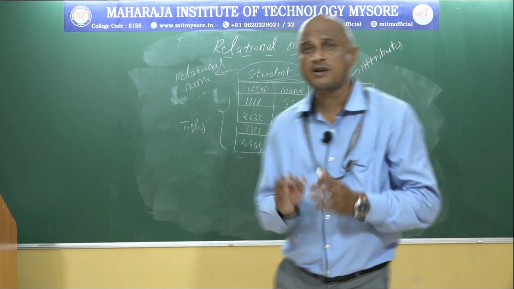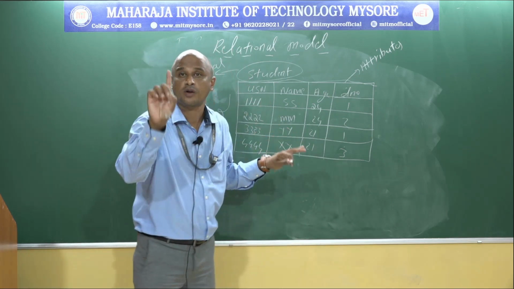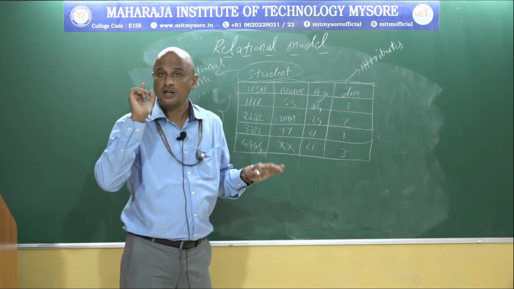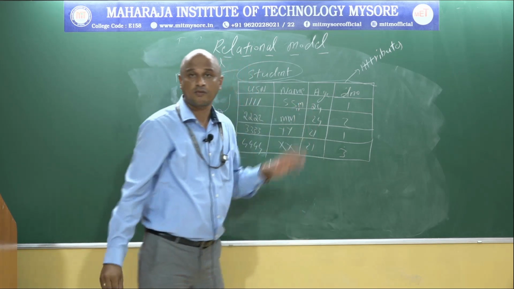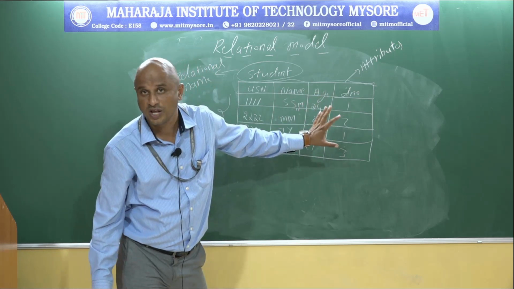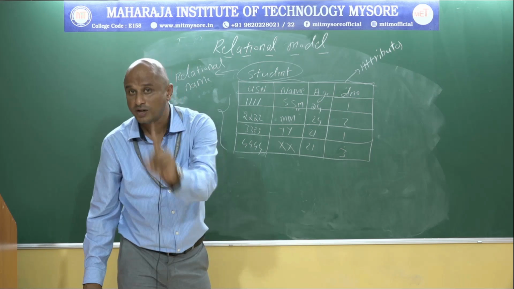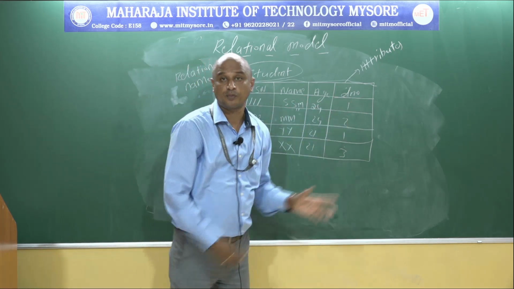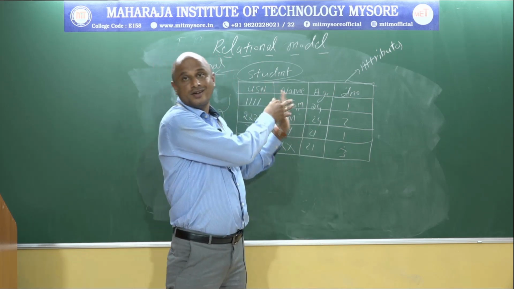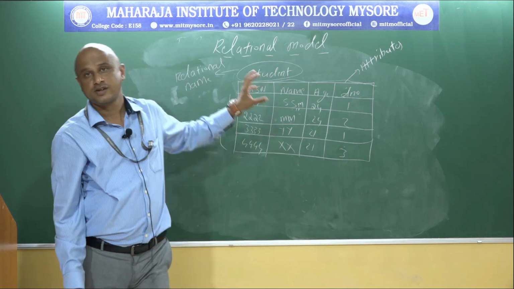The main thing is that for each row and column, you fill only one value. I cannot put comma SS, comma M. I cannot put two names in a row and column. In each row and column, I can fill only one value. You cannot fill two values separated by a comma. You cannot put multivalued attributes or composite attributes into the relational database.